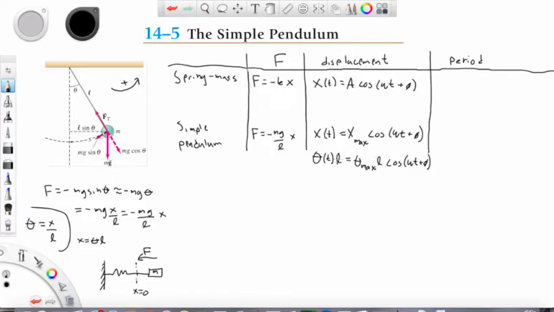But because the length of the string is constant, we don't have to carry it around. We can just remove it here. And here we have the expression for the displacement of a pendulum. It is more common to use the central angle as a measure of displacement for a simple pendulum instead of the arc length.